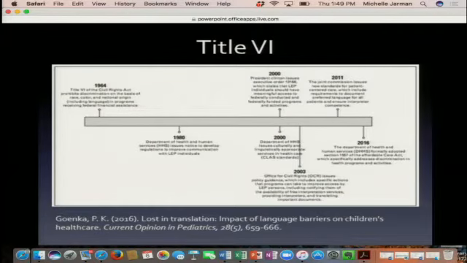Then again, in 2000, President Clinton issued Executive Order 13166, which states that LEP individuals should have meaningful access to federally funded programs and activities. And again, this means all healthcare departments across the nation.